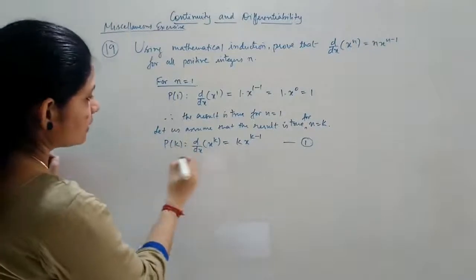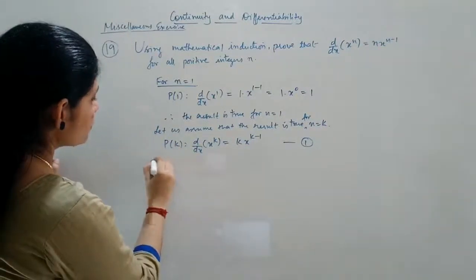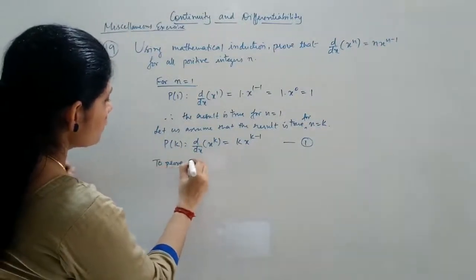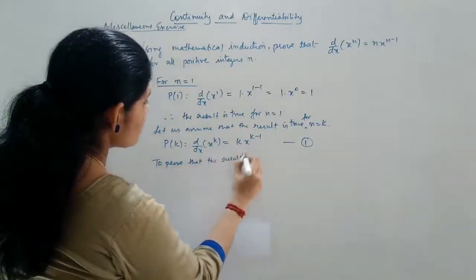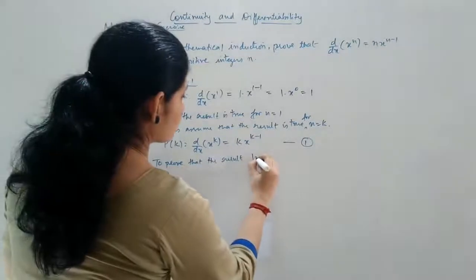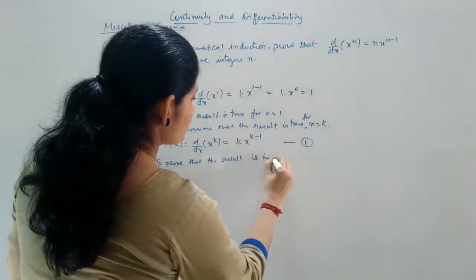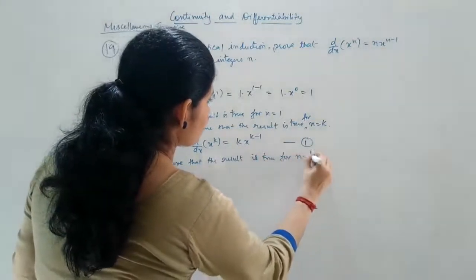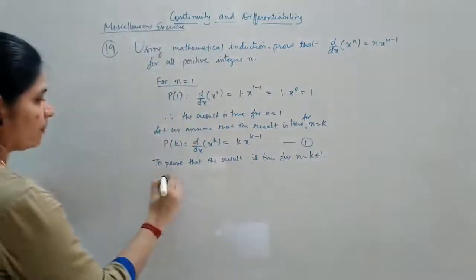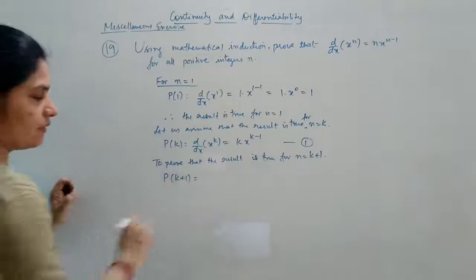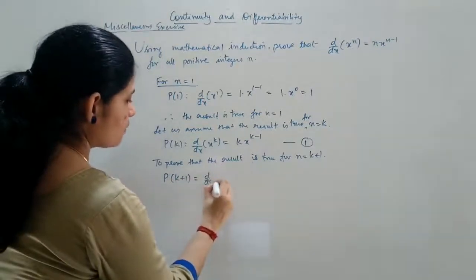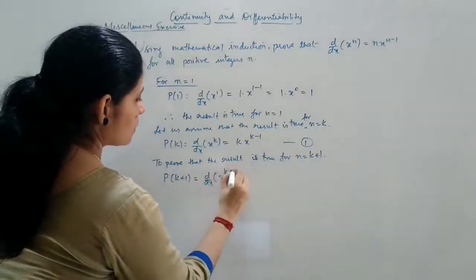Okay, so here, the third step is to prove that the result is true for n equal to k plus 1. That means we will start with p of k plus 1, which is d by dx of x raised to k plus 1.